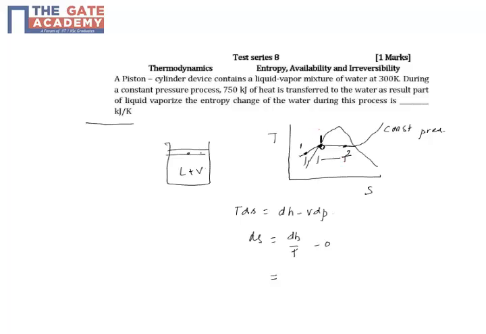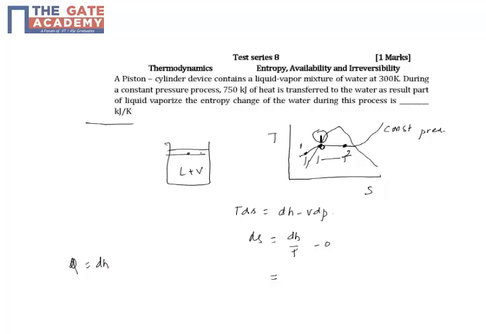So we assume the start point is here and some water has changed, so temperature remains constant. That is the assumption. So the enthalpy change will be, because it's a constant pressure process, the heat transferred is nothing but the enthalpy change, right? It's H2 minus H1 for a piston device.